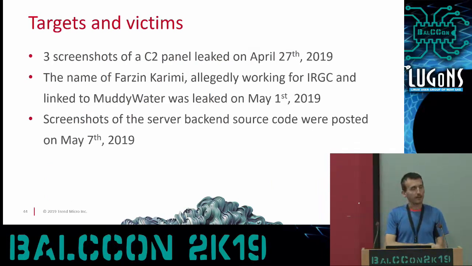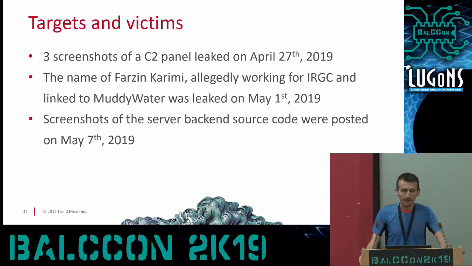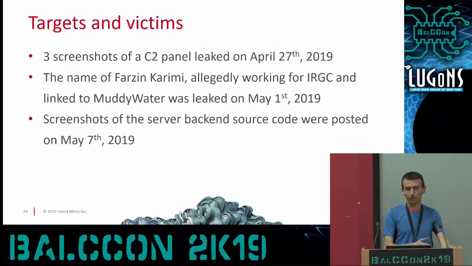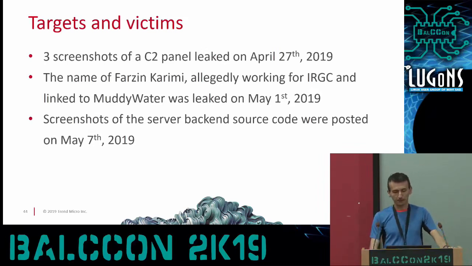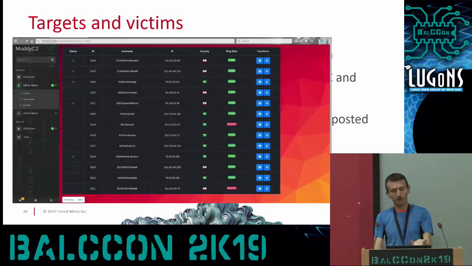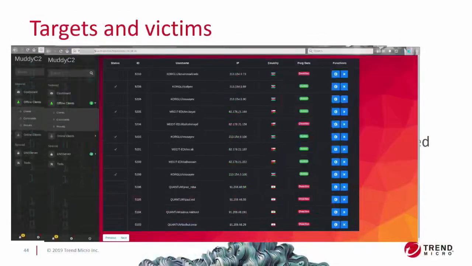In April 2019, there were some leaks. Someone created a Telegram channel, and to this channel they leaked information related not only to MuddyWater but also to some other threat actors. We found this leak, and it included screenshots which looked like these ones. There was the Muddy C2, and there was a list of some victims and IP addresses.